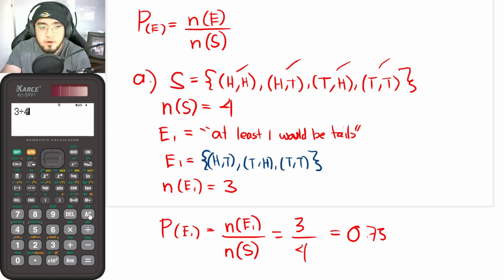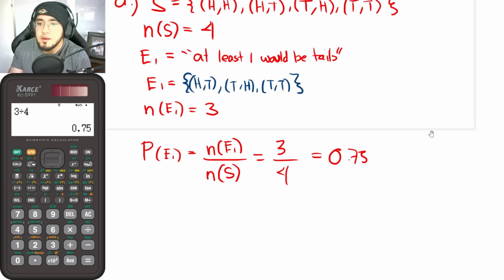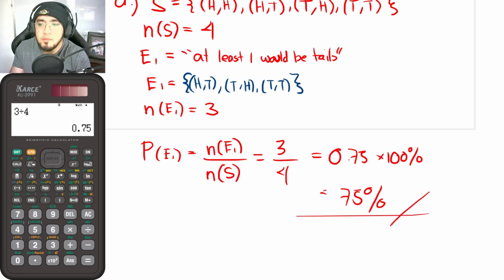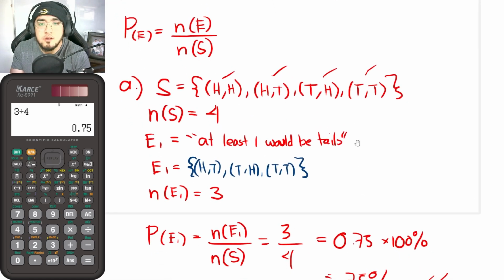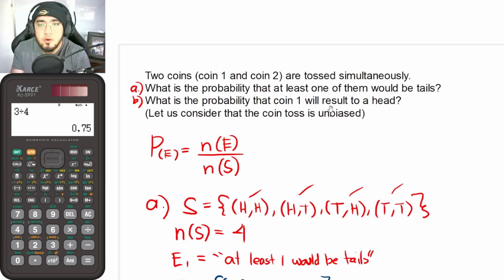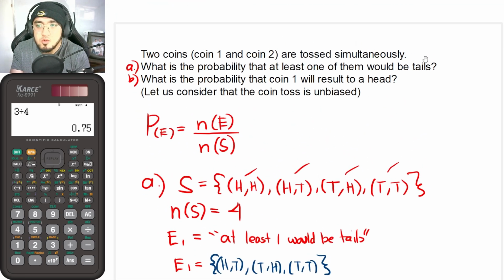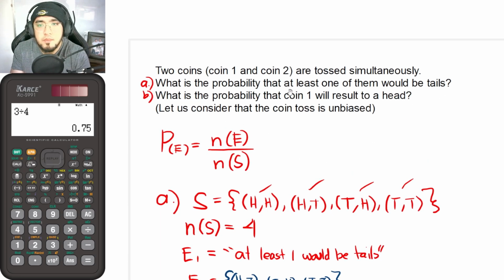So 3 over 4, that is 0.75. And if you would now be multiplying it by 100%, this is now equal to 75%. So this is now the probability that when you toss two coins, the result will give you at least 1 tail.